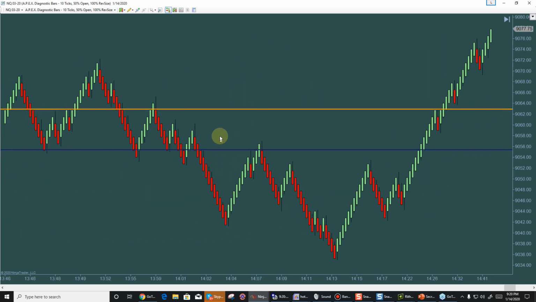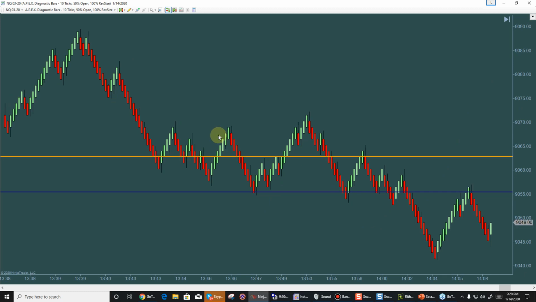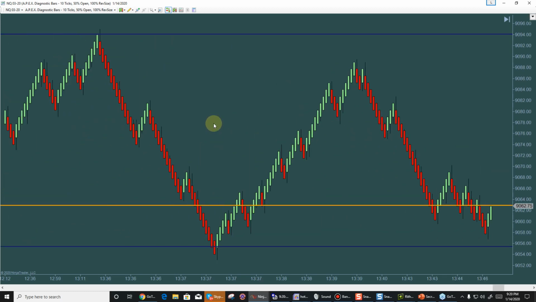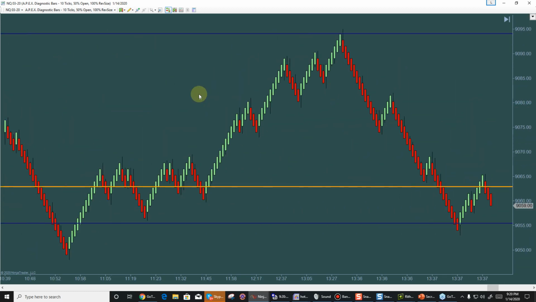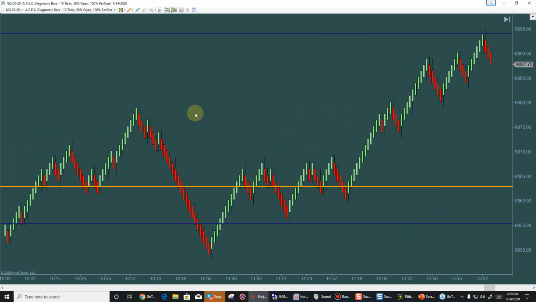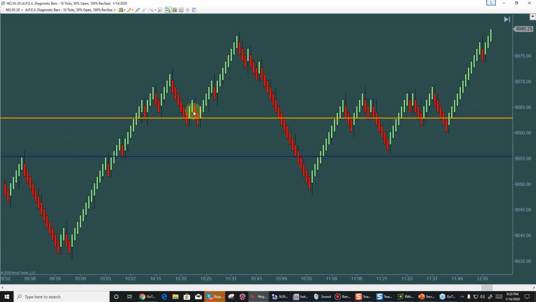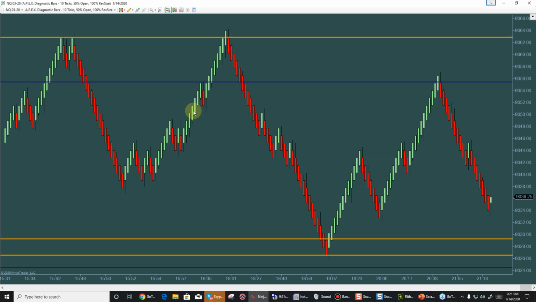Now it's just swinging around that level right there over and over again. It's easy when you have all the stuff on the chart that it looks like the Matrix and you can't see anything. But it's interesting when you build it from scratch like this to go back and go, wow, that has a lot more power than I even realized, because before I felt like it was just another line in my way.